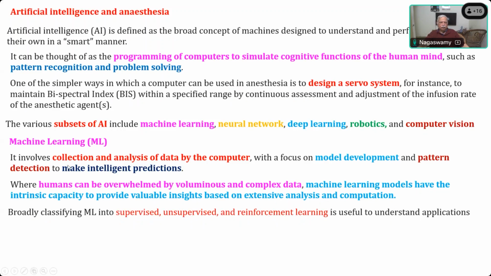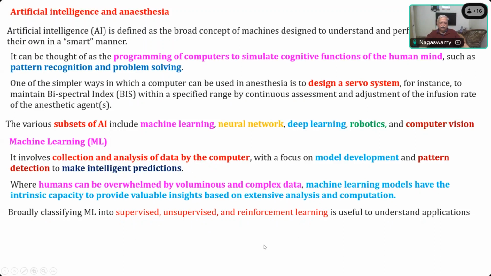So machine learning is basically nothing but collection and analysis of data by the computer. The computer is receiving all the data, analyzing it, and forming its own pattern to identify a crisis as well as the treatment or solution for the crisis. So that is what the machine is learning, and that is why the term machine learning is used.